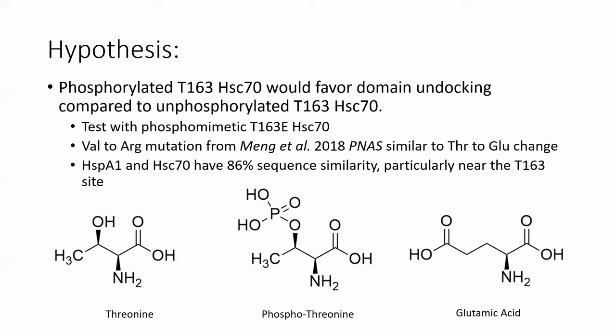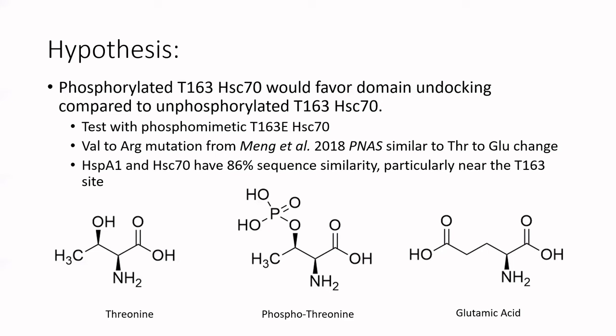You could further guess that phosphorylated T163 would behave similarly to the HSPA1 V163R mutation, since HSPA1 and Hsc70 have 86% amino acid sequence similarity, particularly in the areas of the NBD and SBD around the 163 residue.